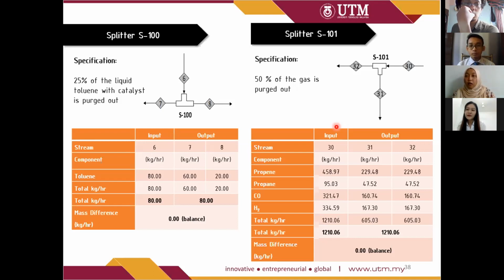So what do you do with the toluene and catalyst after you purge out? Do you just throw it away like that? Yes, just throw away. Why? Because actually our catalyst is inside the toluene.